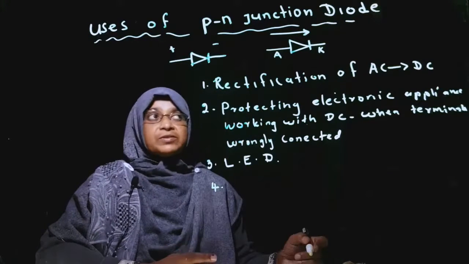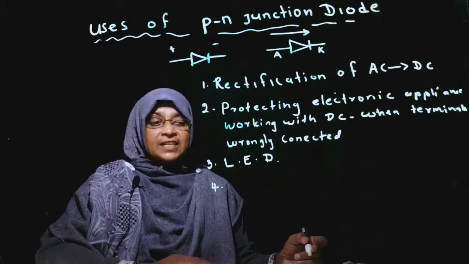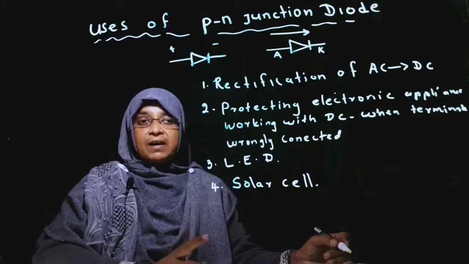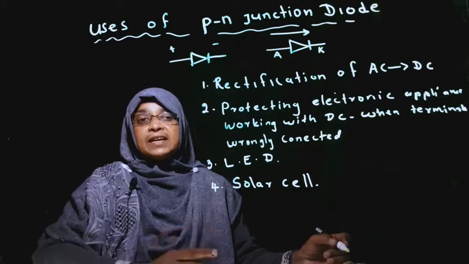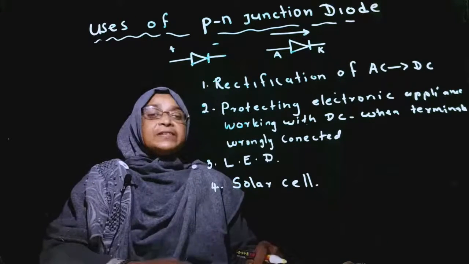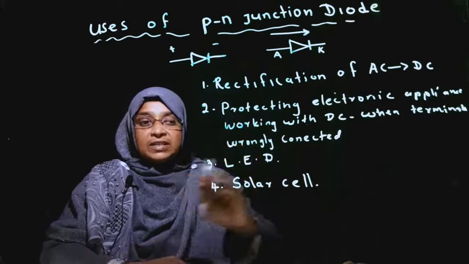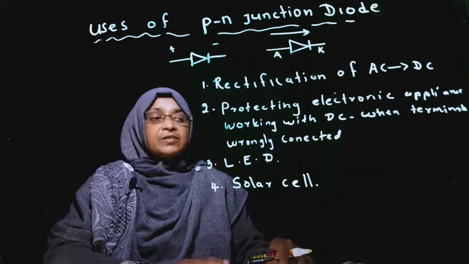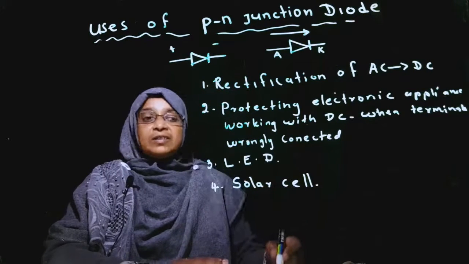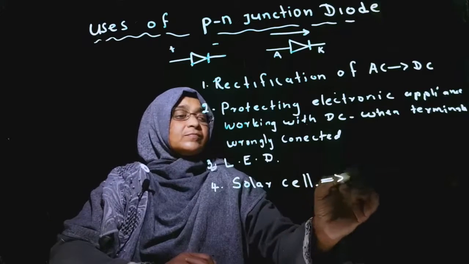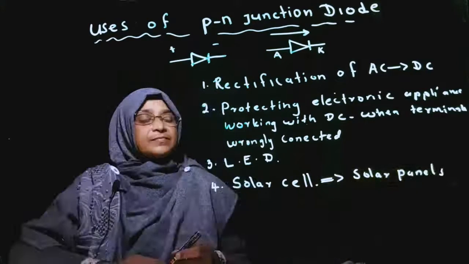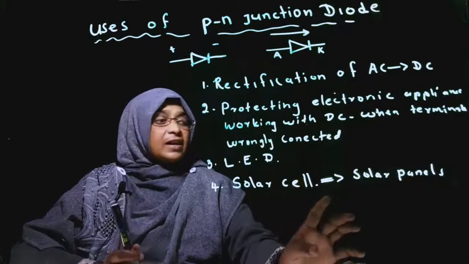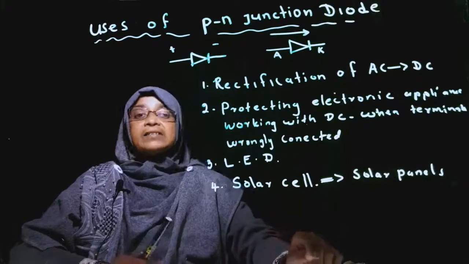The fourth use of the junction diode is the solar cell. Solar cells are made up of silicon diodes. When light is incident on the junction, silicon diodes produce electricity. So, it is called a solar cell. Arranging the solar cells in series and parallel, solar panels are constructed.